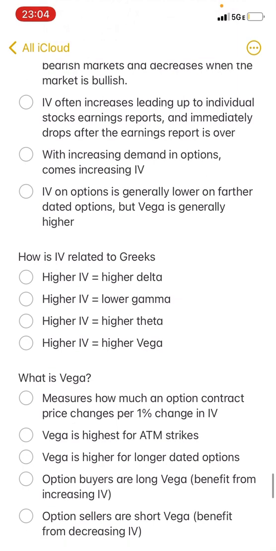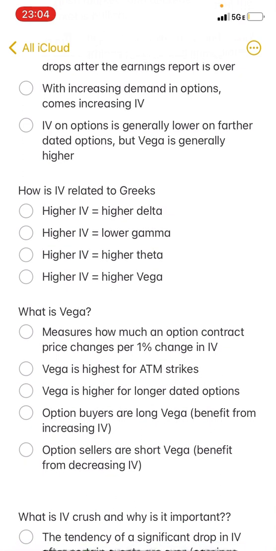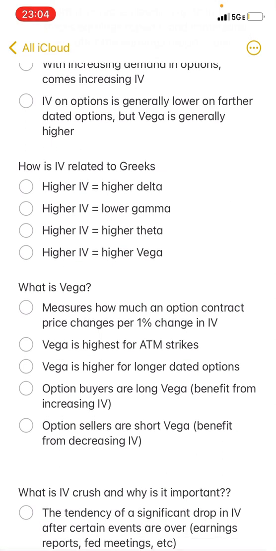Now, with increasing demand in options also comes increasing IV, right? So the more the demand increases for those particular options, IV is also going to increase. Okay, so that's important to know. IV on options is generally lower on farther dated options, okay, but vega is generally higher, okay?